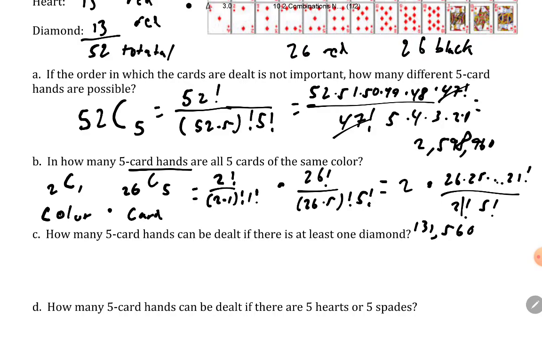How many 5-card hands can be dealt if there's at least one diamond? Okay, so this is the total number of hands minus any hand with no diamonds.